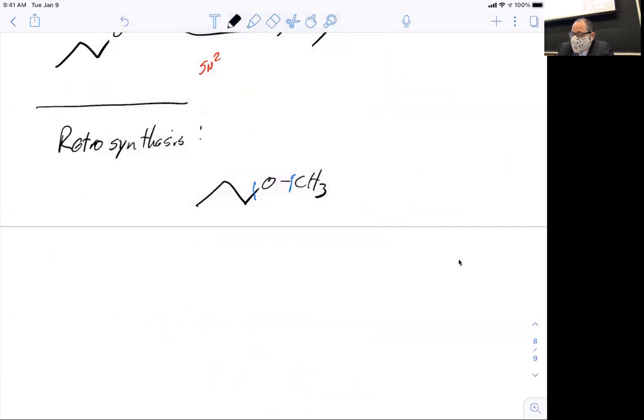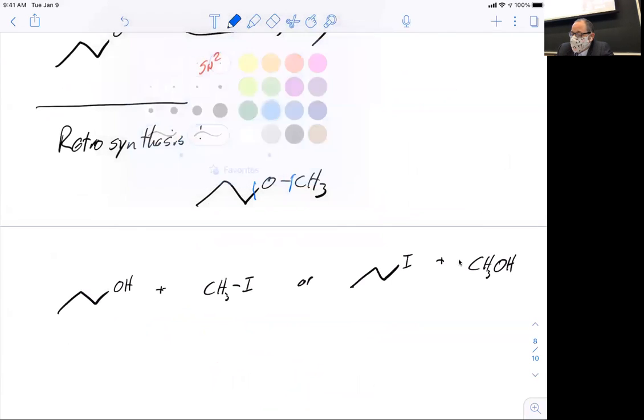So that means I could have started with the alcohol and the electrophilic carbon, or I could have started with the electrophilic carbon and the alcohol. To get to this product, I've got two possible ways to do it.